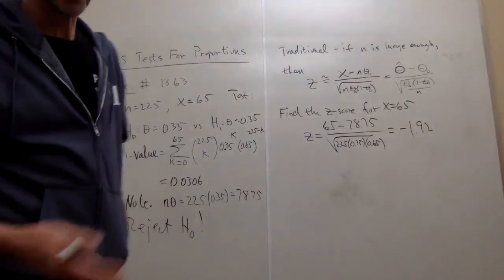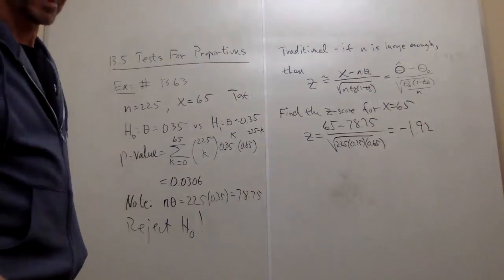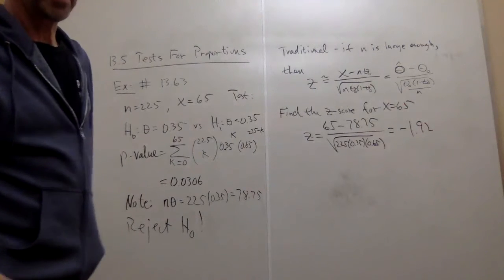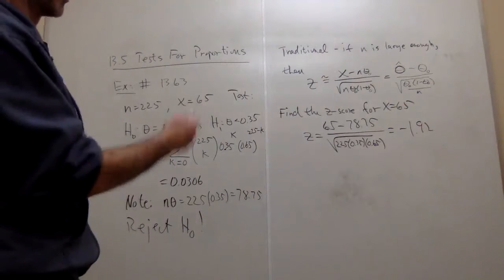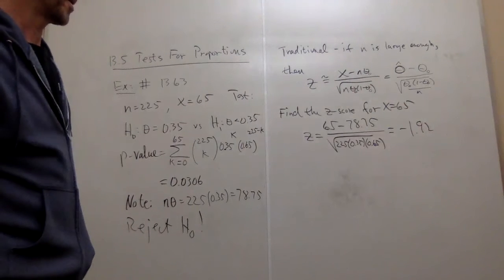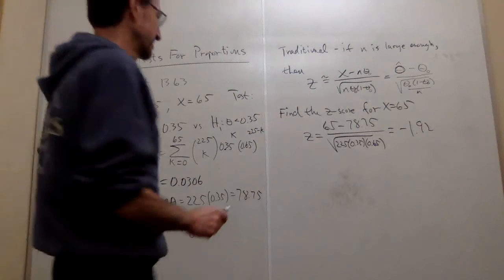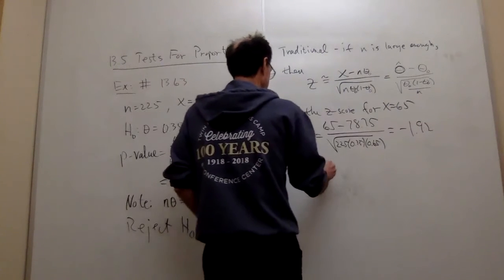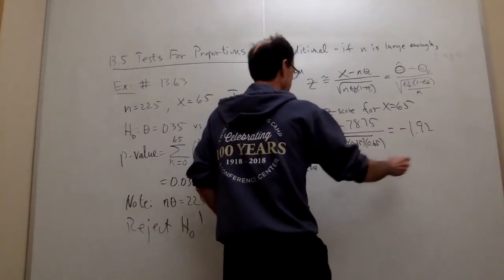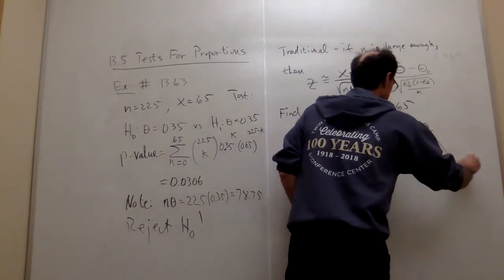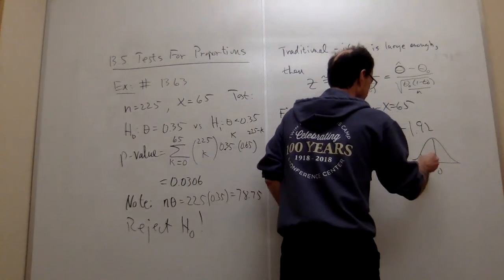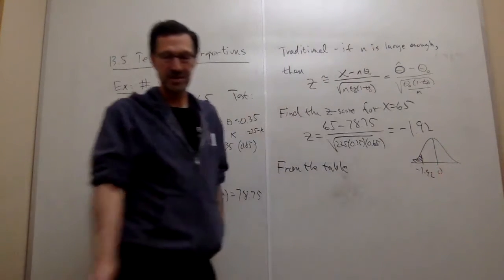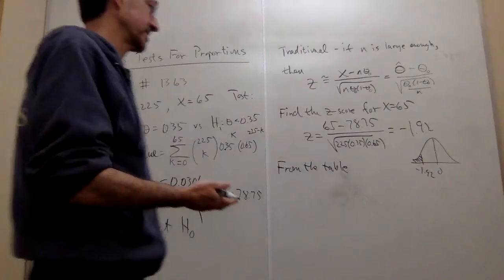So how big is that z-score? You ought to know right now, like, that's a pretty big z-score. It's hard for a value to be 2 standard deviations away from the mean, and we're super close to that here, negative 1.92. So I go to the table. So now we're looking at a standard normal. And we want to know how much area is below negative 1.92. Just like before, the critical region at the left with our alternate hypothesis.